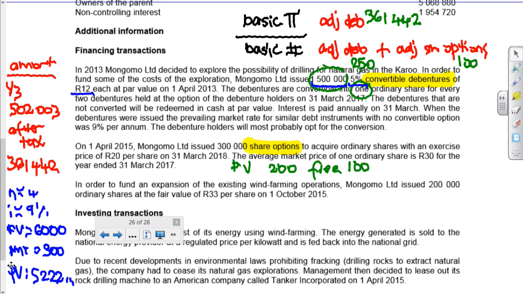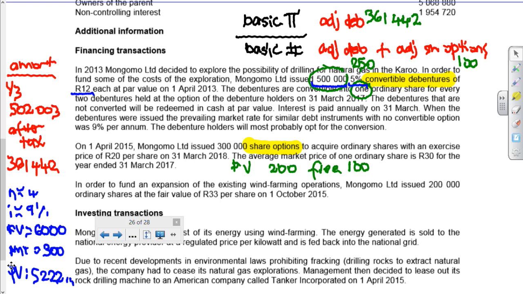For the share options, I issued them on the 1st of April 2015, which is again the beginning of the year, so no weighting there. I issued 300,000 share options to acquire shares at a price of 20 Rand on the 31st of March 18, so in a few years' time. So the shareholders will pay me 6 million Rand.